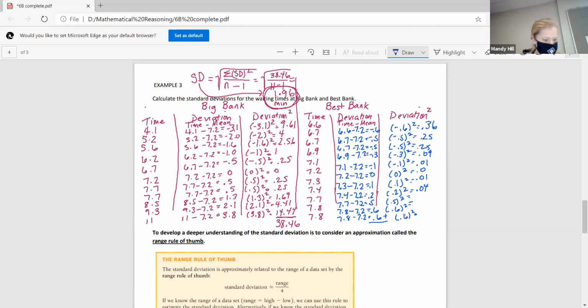And I will post these completed notes because I know this is hard to copy all of this stuff down, so that you can have them.